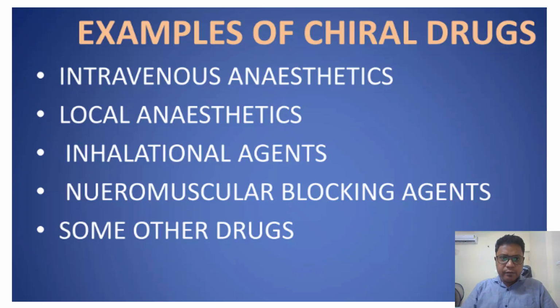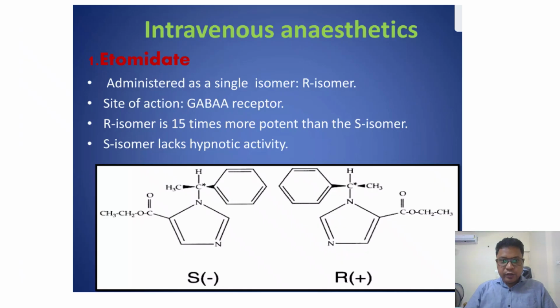Now, there are several examples of chiral drug molecules. Maybe we can categorize them into intravenous anesthetics, local anesthetics, inhalational agents, neuromuscular blocking agents, and some other drugs. If we look at examples of intravenous anesthetics, etomidate is administered as a single enantiomer only, the R enantiomer, and the site of action of this drug molecule is the GABA receptor.